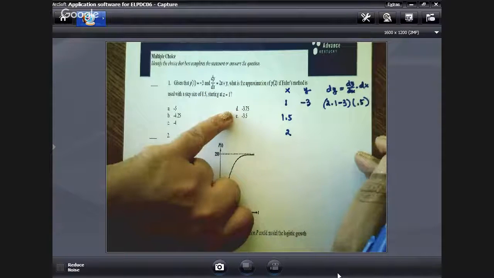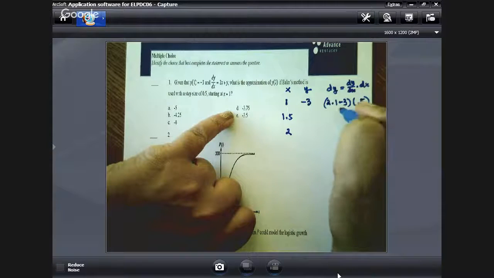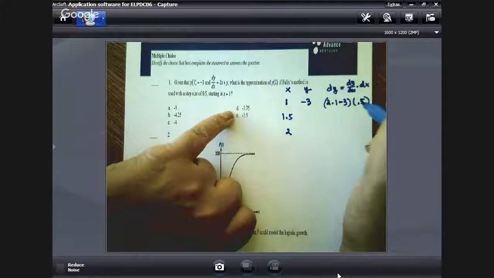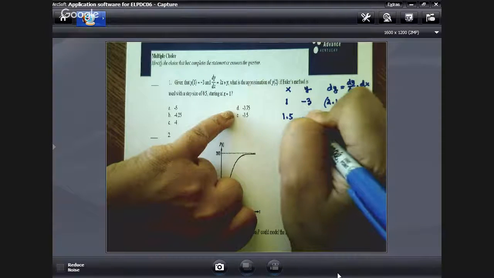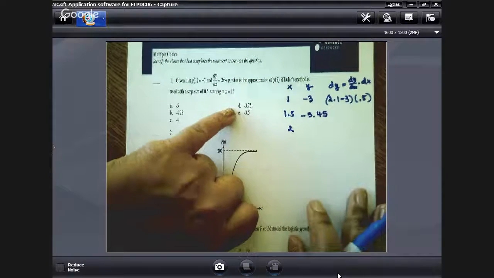This could have been on the calculator portion. There's a lot of decimals, or it might not have been. This is -0.9 times 0.5, which is -0.45, so this is -3.45. I hope I did that arithmetic in my head correctly.